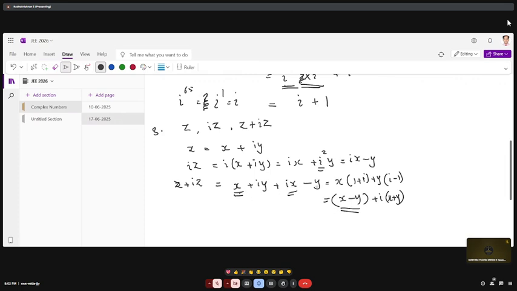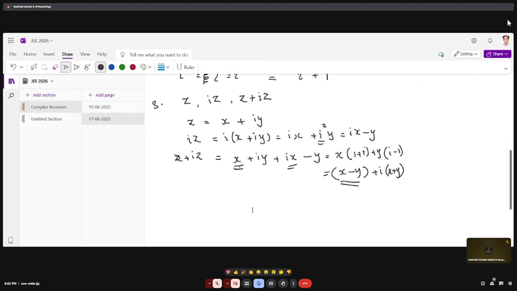The real here is x minus y and the imaginary here is x plus y. We should write real first and then imaginary next. This is the standard way of writing. You always see that the real is your x coordinate and the imaginary is the y coordinate.